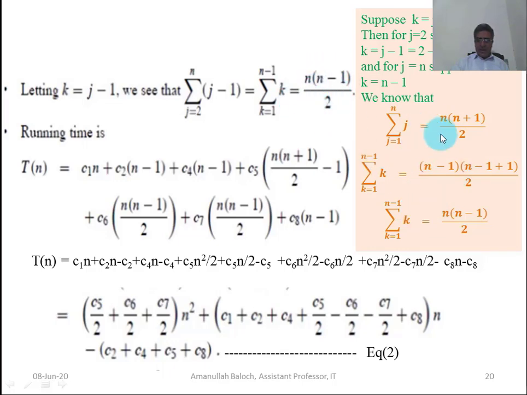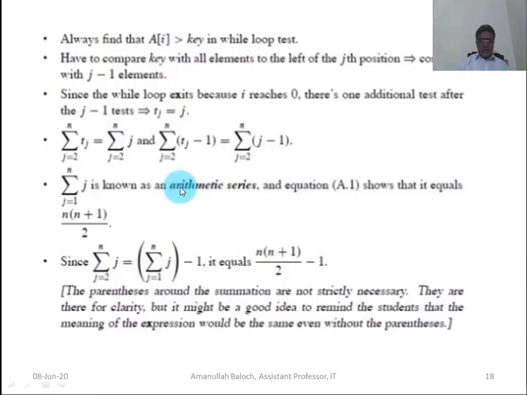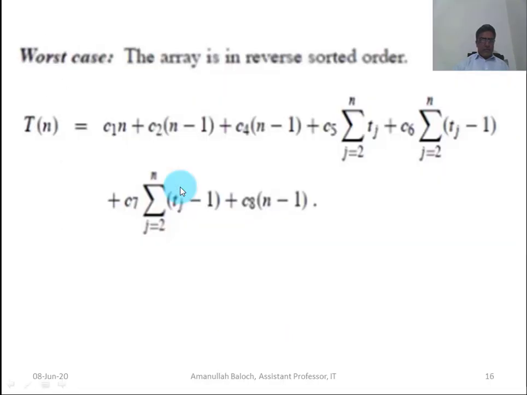This scenario has been explained here in the subsection of this slide. The running time will become like this. Now in this equation, we will substitute the summation by the general form of the polynomial.